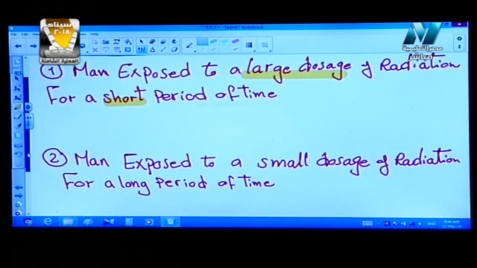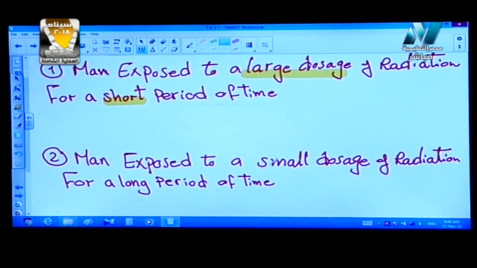And number 2 we have a small dosage of radiation but for a طبعا long period of time.